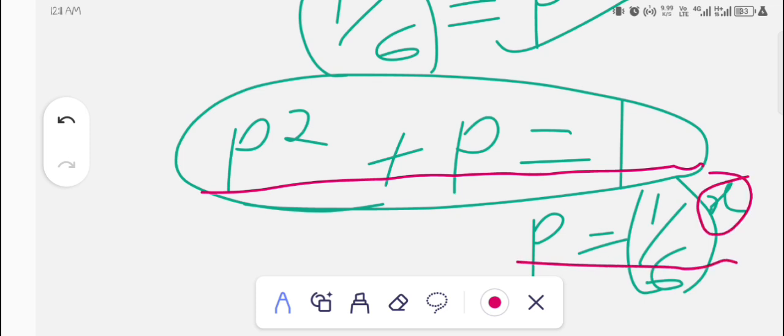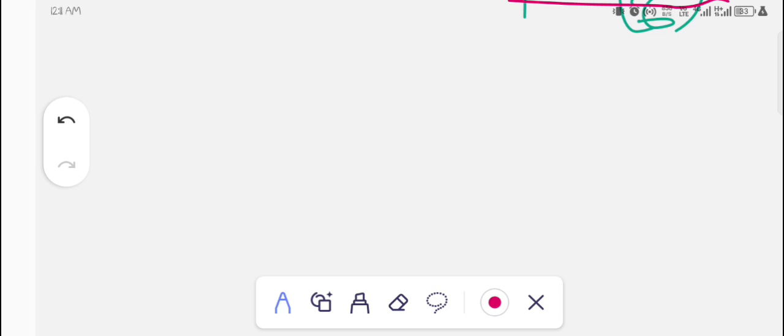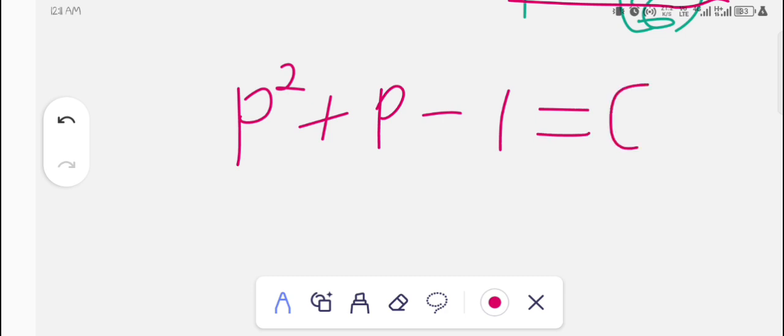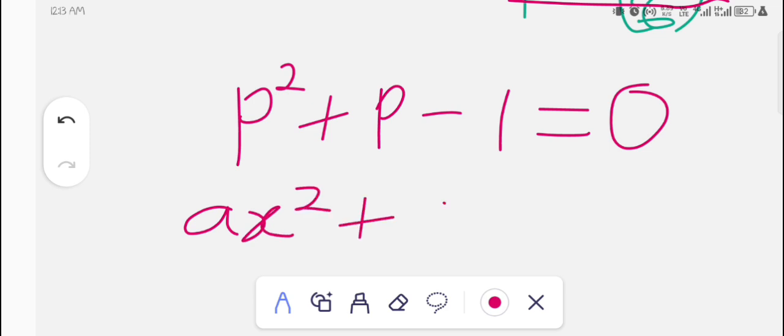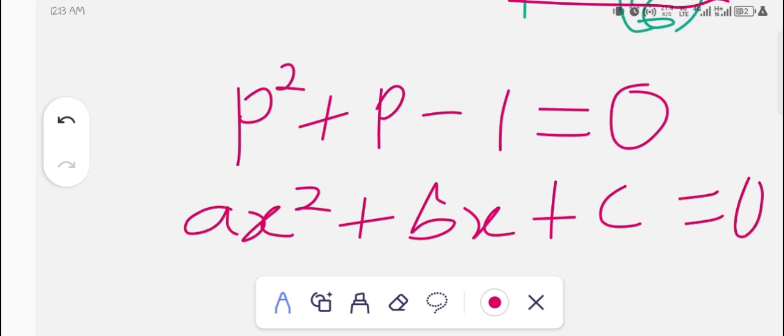So let's do that already. So we can rewrite the quadratic equation to be p squared plus p minus 1 equal to 0. Alright, so this we can compare with quadratic equation, ax squared plus bx plus c to be equal to 0.